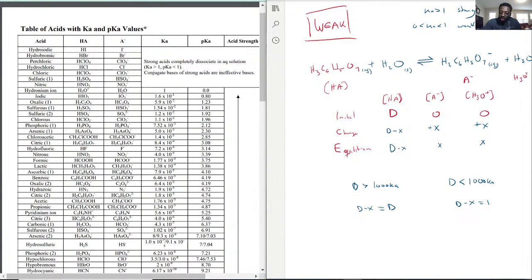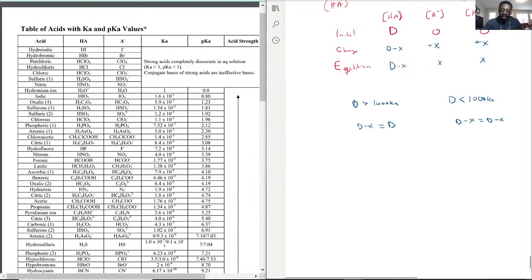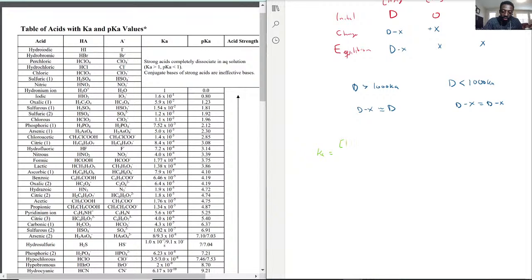The reason I say that is because the formula you're working with to find the concentration of acid is Ka equal to products, which includes the concentration, over reactants, which does not include water because water is just the solution.